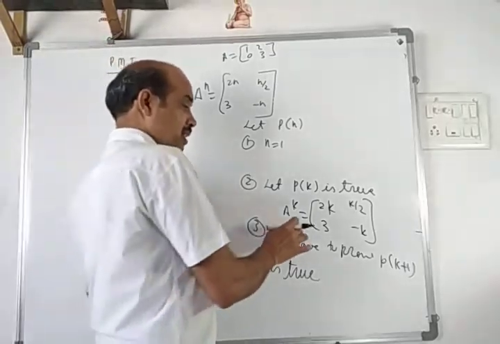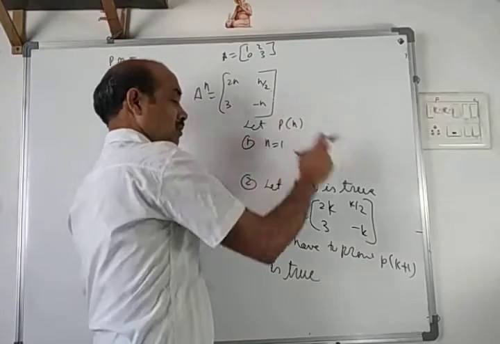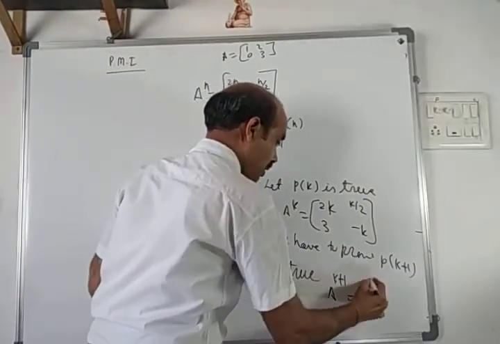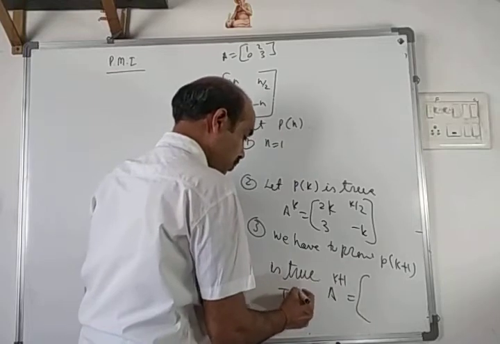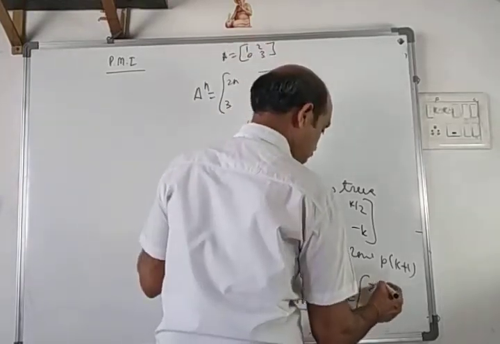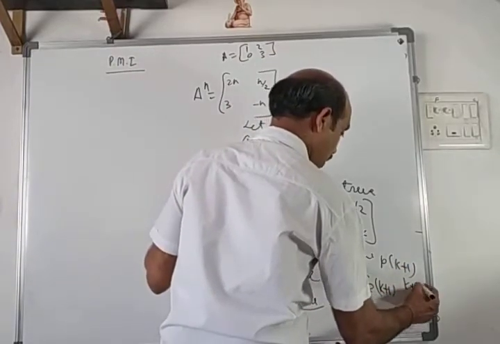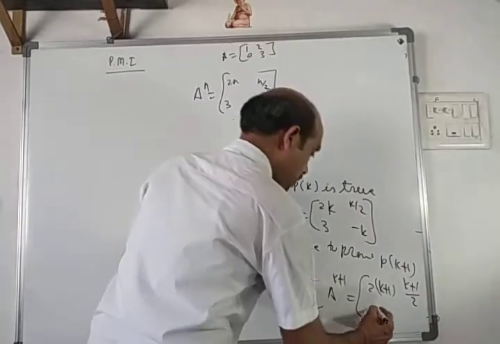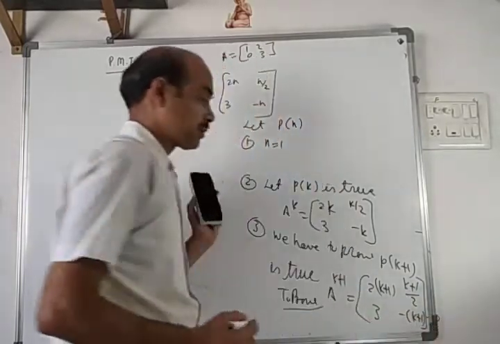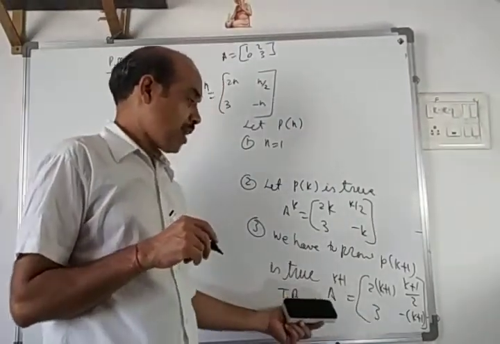So always, firstly write the statement by replacing n by k plus 1. So A to the power k plus 1, this is to prove. It will become 2 into k plus 1, then k plus 1 upon 2, 3 and minus k plus 1. So this is the result which we have to prove.